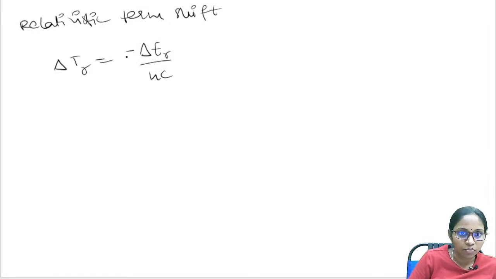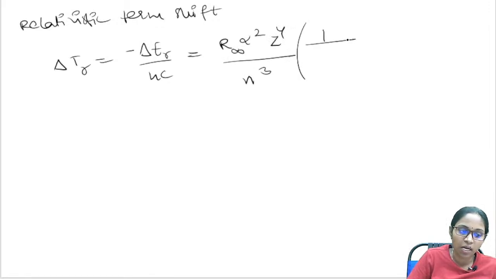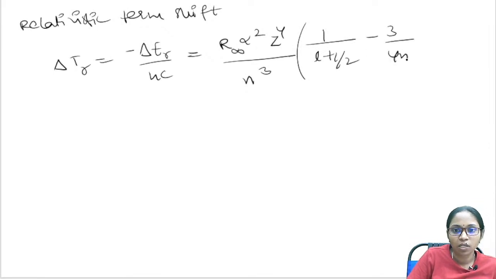The term shift general formula is delta E by h into c, energy by h into c. Here I am taking the relativistic correction, and this will be equal to R infinity alpha square Z power 4 by n cube into 1 by (l plus 1 by 2) minus 3 by 4. I am not going to derive this equation.